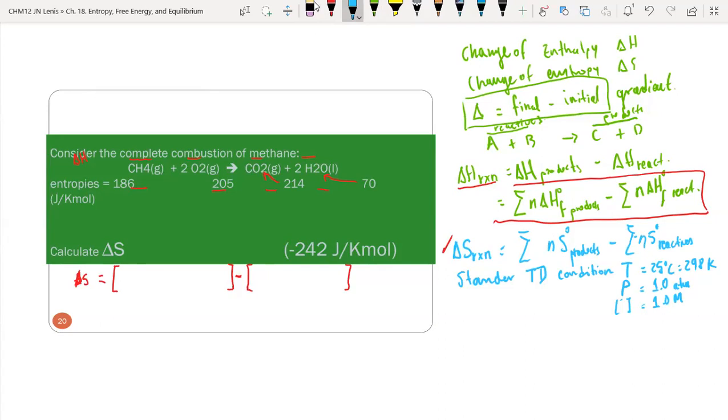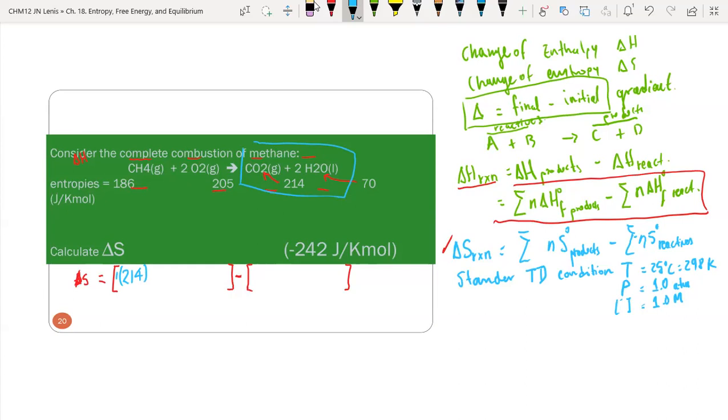Products here. N, how many CO2s in the balanced equation? You have to check, make sure the equation is balanced. How many? 1, right? So it's going to be 1 times 214, positive. And it's the sum.